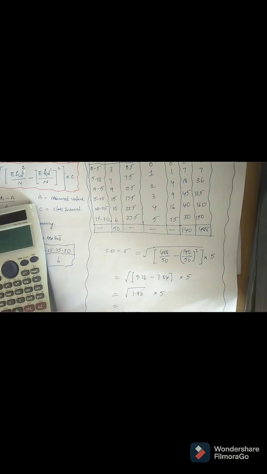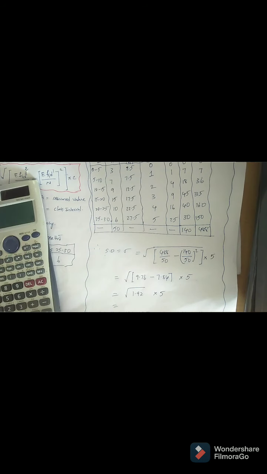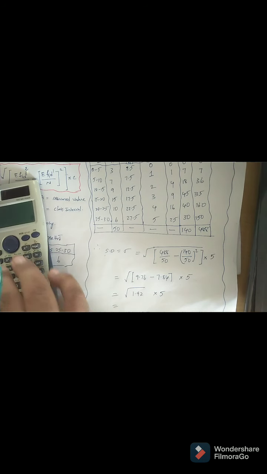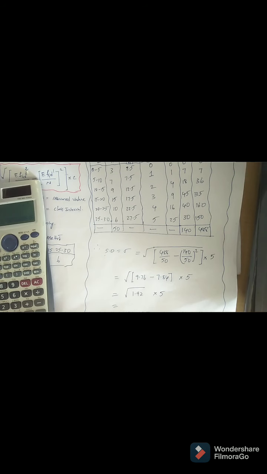So what is the root value of 1.92? That is root of 1.92. So you'll get 1.385640 something. So 5 decimals are enough, into 5.